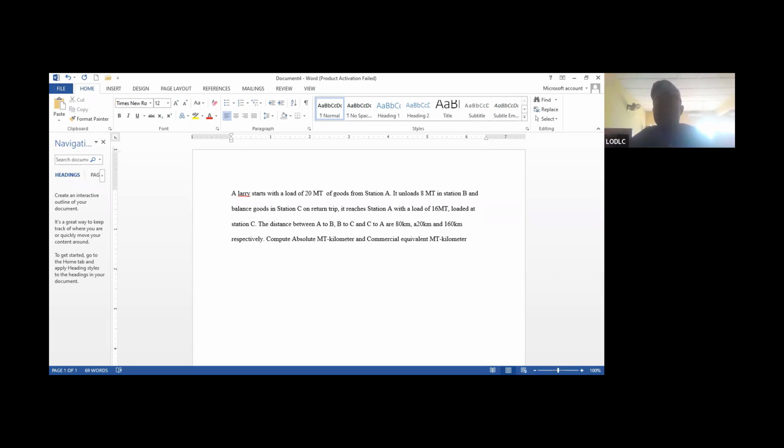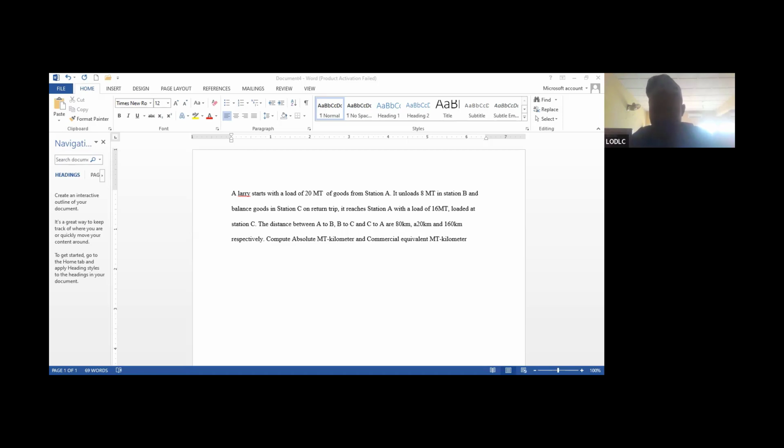The first thing that comes to your mind is, how many stations do we have? If you look at the question, we have just 3 stations, A, B, C. To compute the weighted average or absolute basis in metric ton kilometer, what we need to do is, at A, the lorry starts with a load of 20 metric tons.